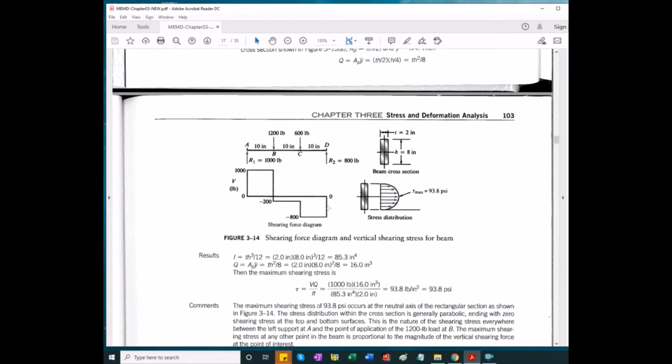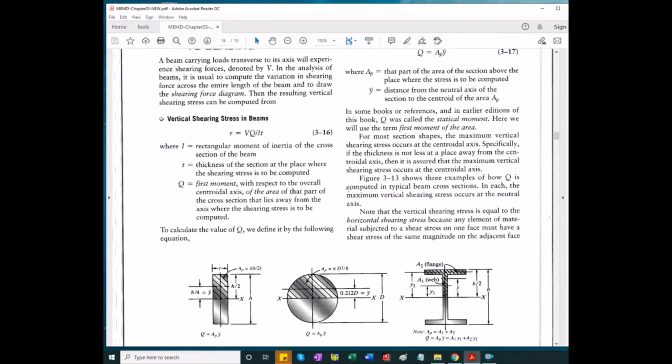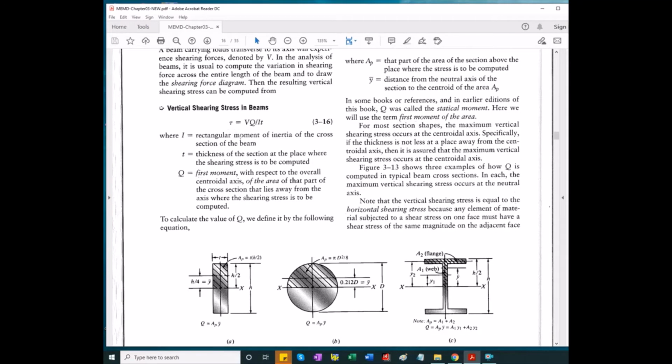You look at the shear diagram that is paired with the bending moment diagram, not listed here, and you can calculate the shear stresses caused by bending.